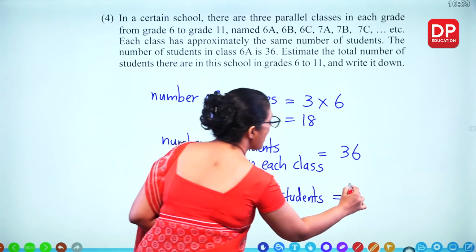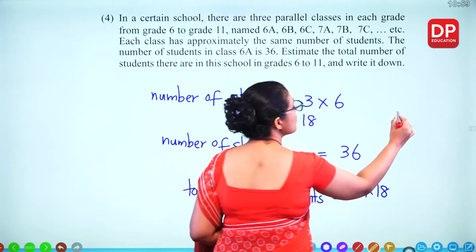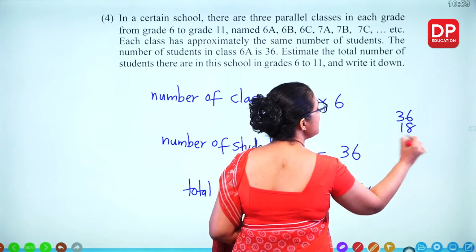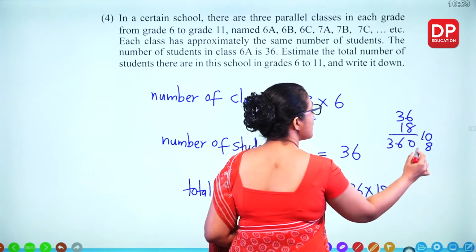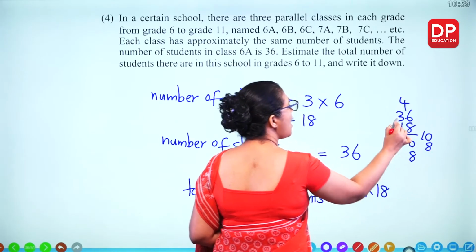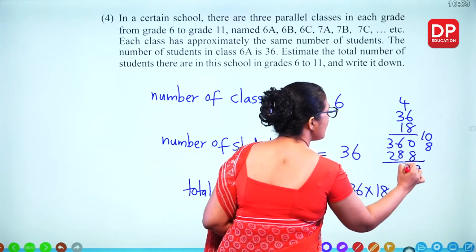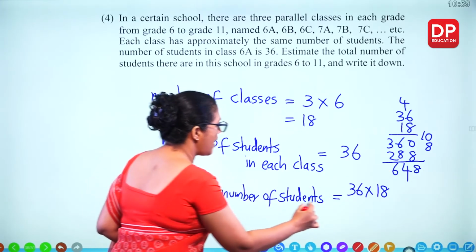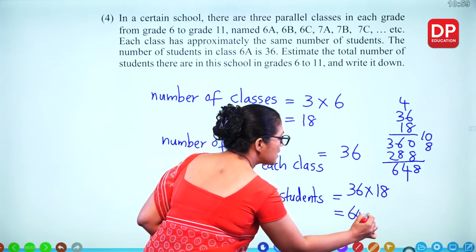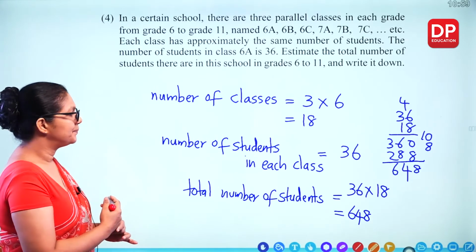So 36 times 18. So multiply 36 times 18, 10 and 8. Multiply by 1. 8 times 6, 48. 8 times 3, 24 plus 4, 28. You get 648 students in this school.